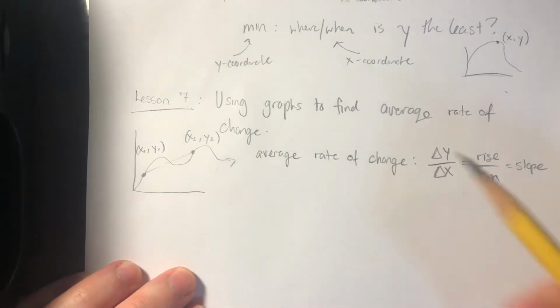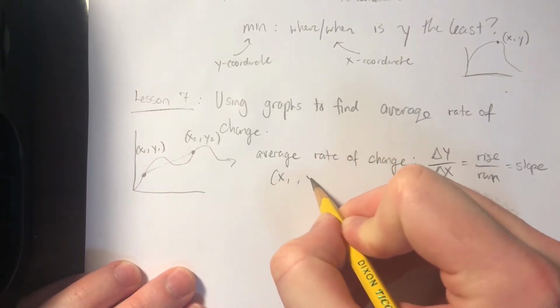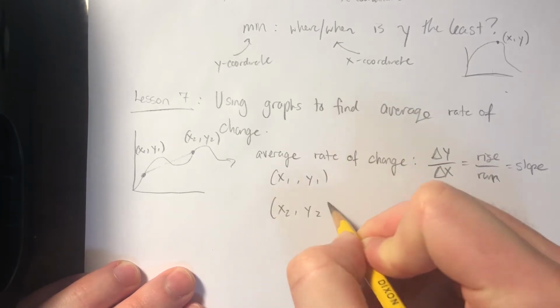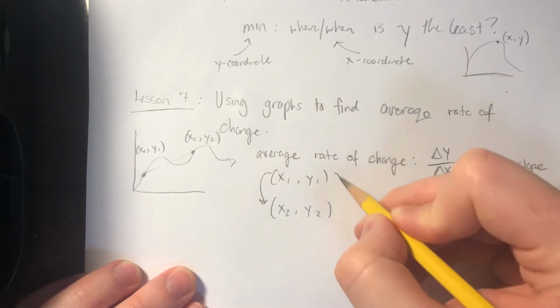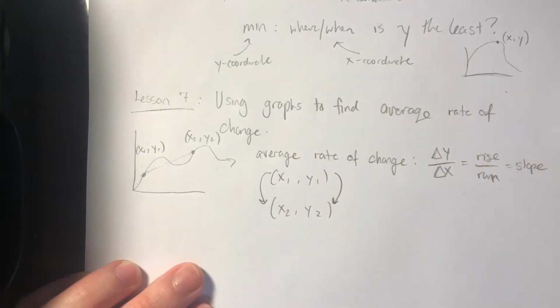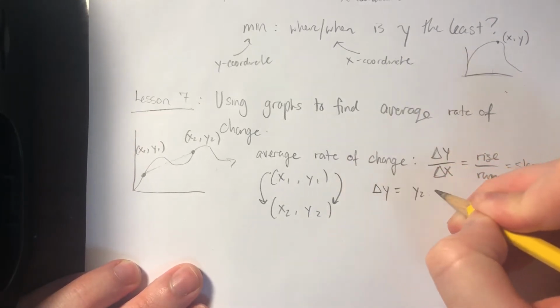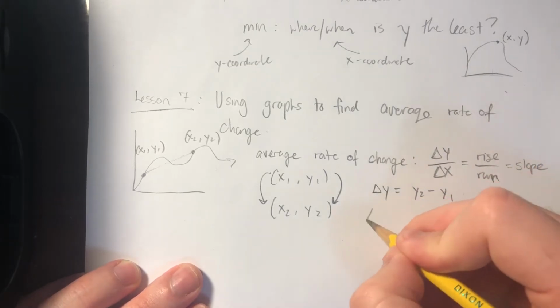The way we calculate this rise over run, I like to stack them. I like to write x1, y1, x2, y2. Then we find what's going to take me from this x to that x, from this y to that y. You might have also seen it written as change in y is equal to y2 minus y1, the difference, the change in those two.